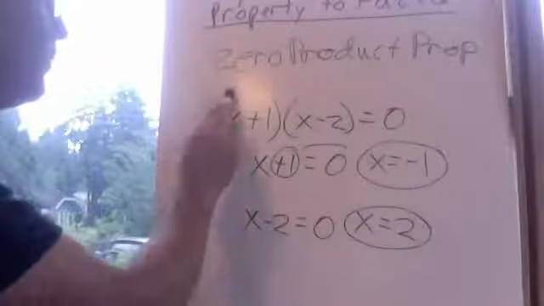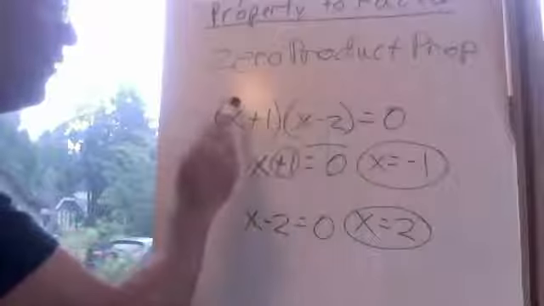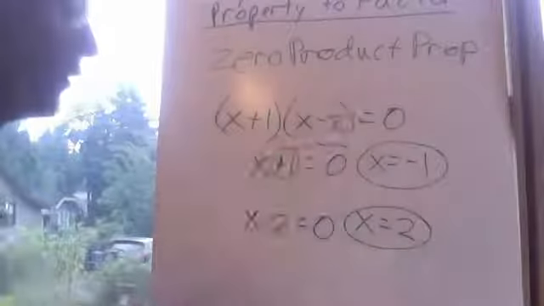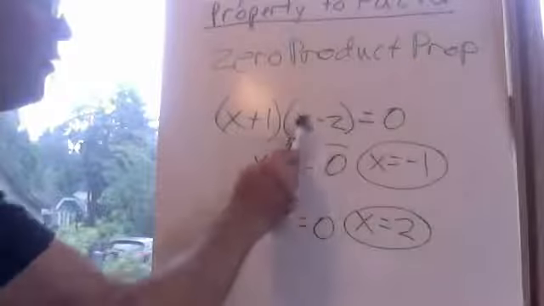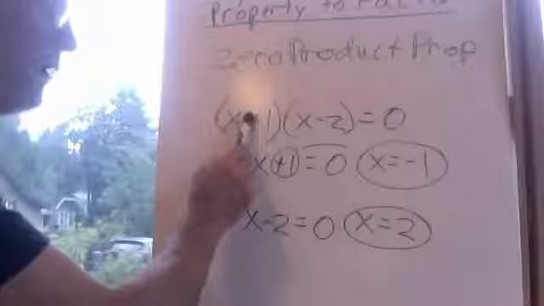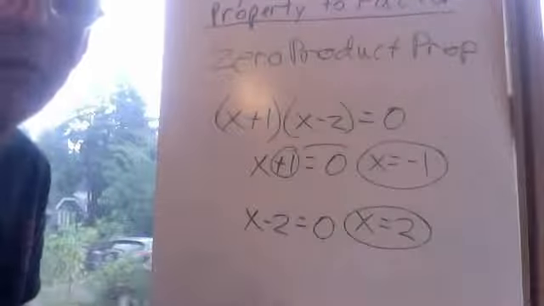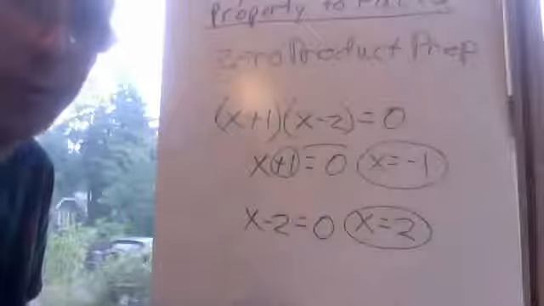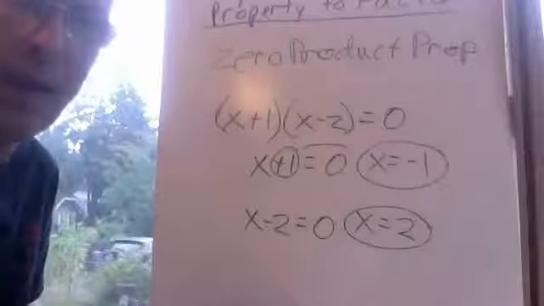If I put in -1 there, this turns out to be 0. It doesn't matter what this turns out to be because 0 times whatever is going to give you 0. If I plug in 2 here, 2 minus 2 is going to be 0. It doesn't matter what this is because that 0 times whatever is going to give you 0. So there's the zero product property. We'll use it more, but I just want you to be aware of what it is. Okay? All right, that's all.